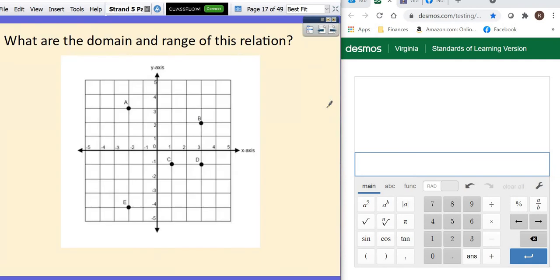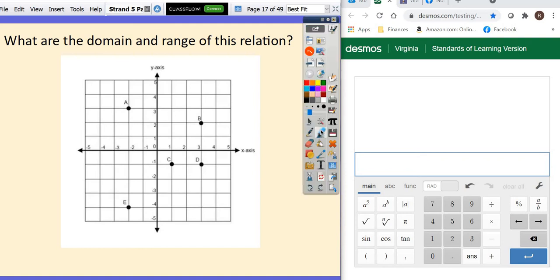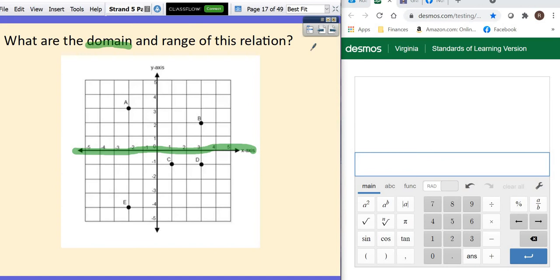Okay. What are the domain and the range of this relation? Well, first of all, I'm going to get my highlighter out, and I am going to highlight my x-axis for domain. Okay, so to find the domain values, you could literally find the coordinates for every one of these points, but I like to do it a different way.